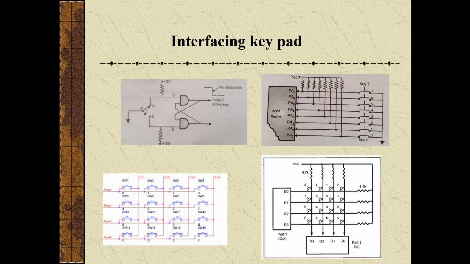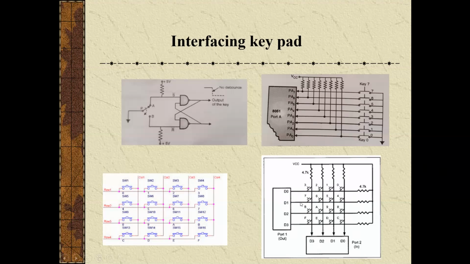Here this figure shows what will happen in the matrix interfacing method. In this method, the keys are organized in a matrix form. We can interface 16 keys with 8 pins, in rows and columns.